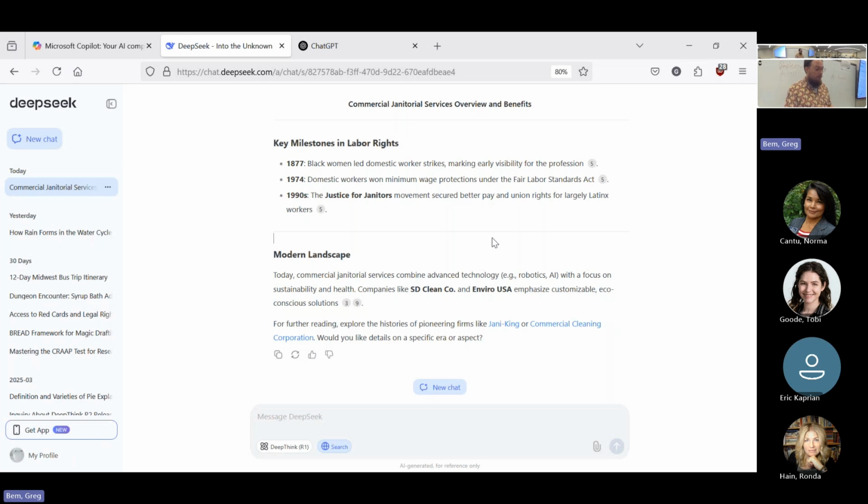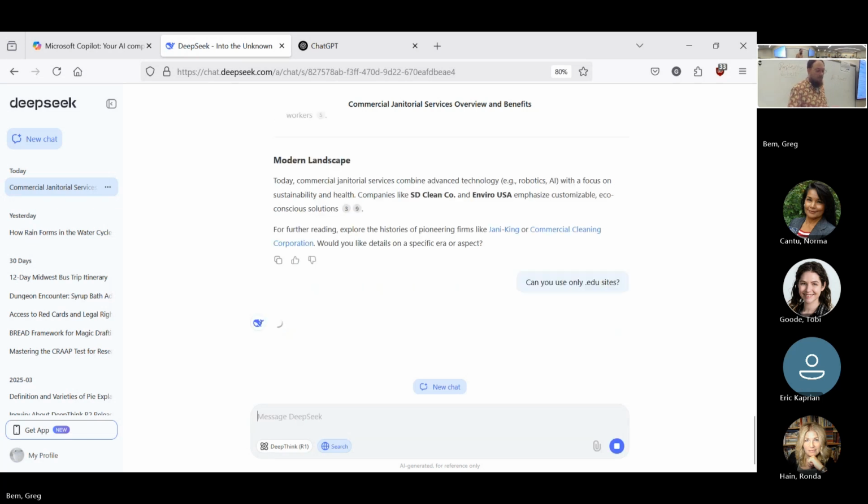Yes. So could you narrow it down in a second prompt saying use only .edu sites? Yeah, let's see. I'm just going to put it in your words. And online, I'm seeing, okay.